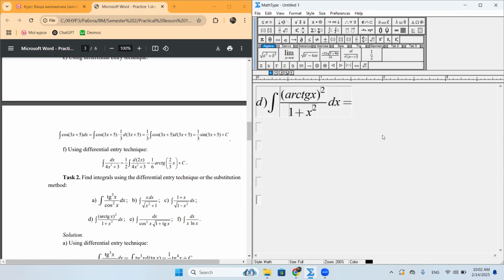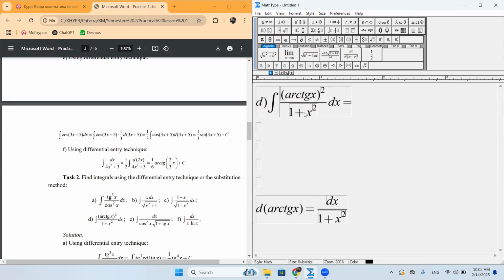Do you see? Arctangent. Yeah, so the differential of arctangent. Let me write it under the integral. The differential of arctangent is the following: dx by 1 plus x squared.